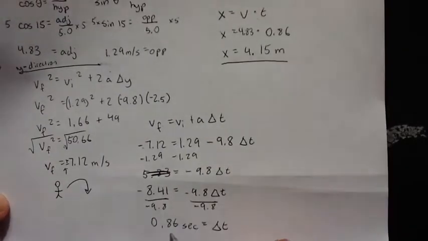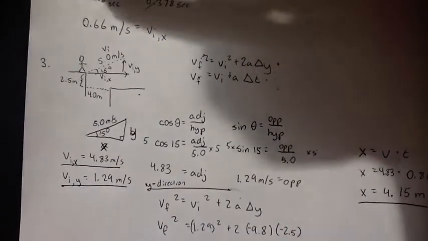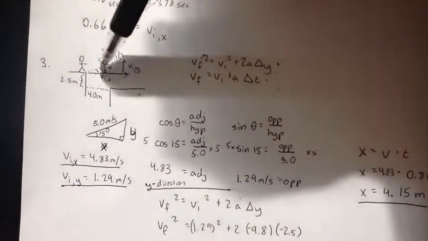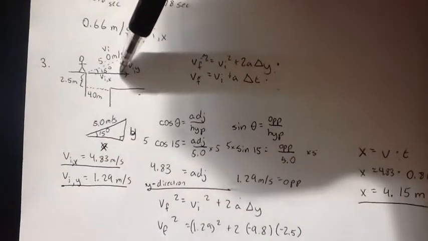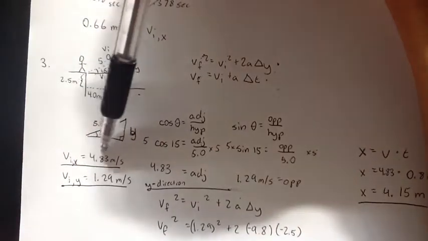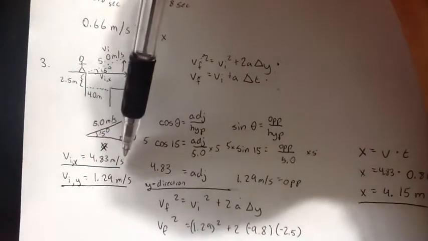And if he's been in the air for 0.86 seconds, that can help me determine how far he's going to get if he's going in this x direction for 0.86 seconds. Remember that we found his initial velocity in the x direction was 4.83 meters per second.